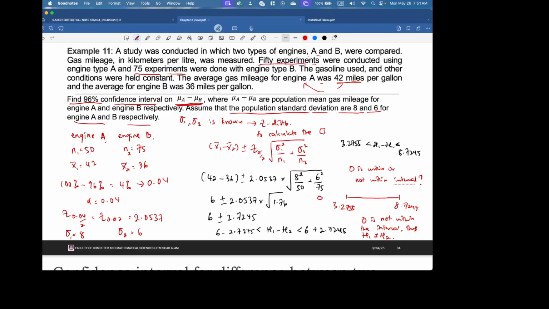That's the explanation. This interval is not strictly necessary, but if you want to understand whether 0 is within the interval, you can draw a number scale to help you understand.